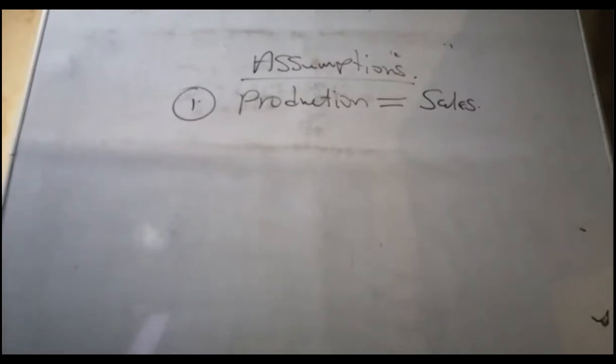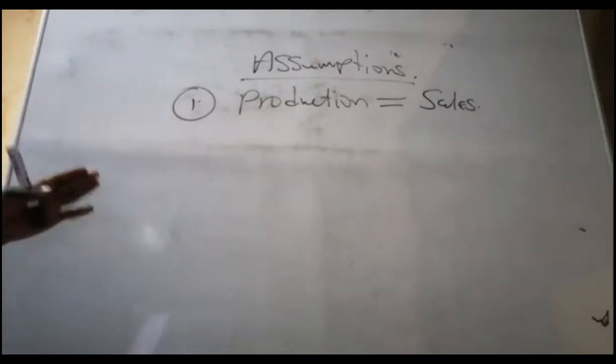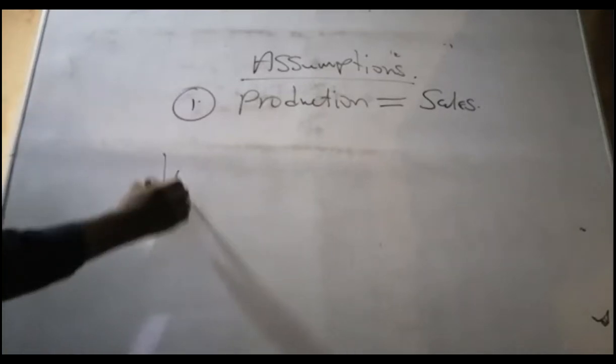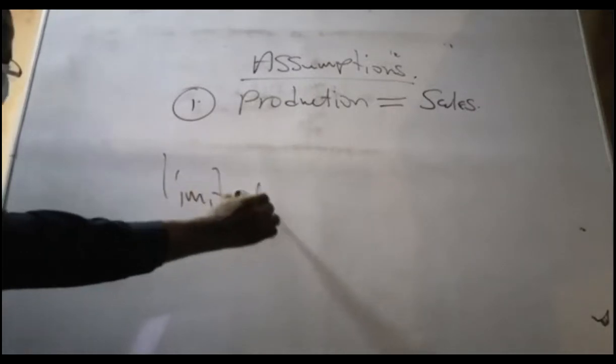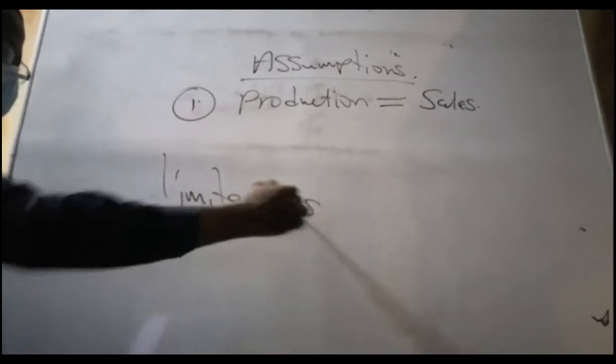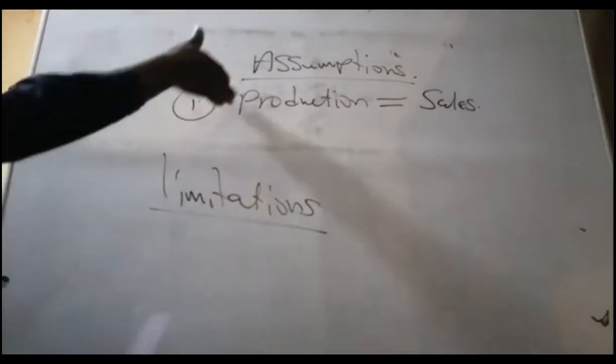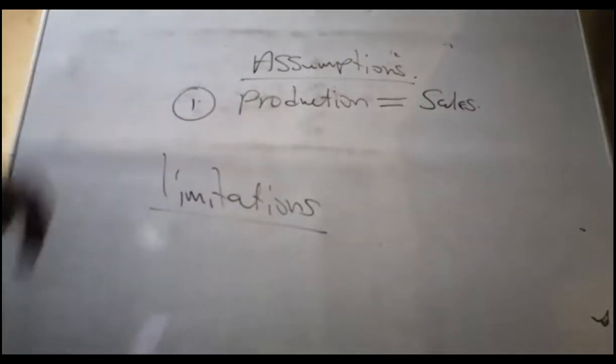So please, in exams, if the examiner asks you to tell us the limitations of break-even analysis, don't worry yourself. Just quote the same assumption and then tell the examiner that in reality it is not true. In fact, in reality, none of the assumptions is true.